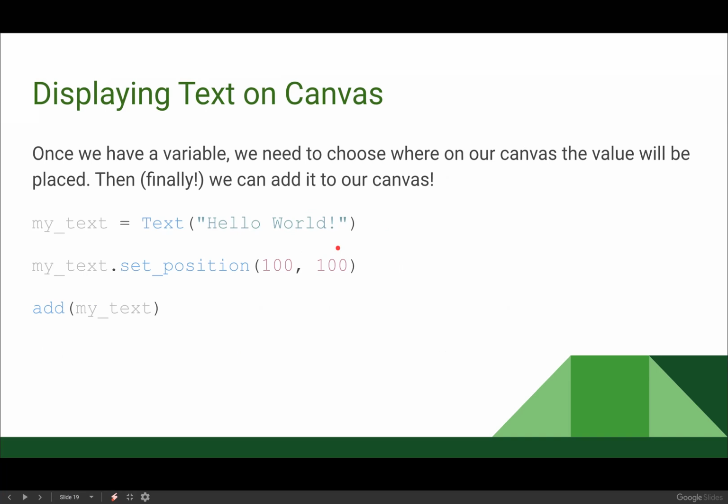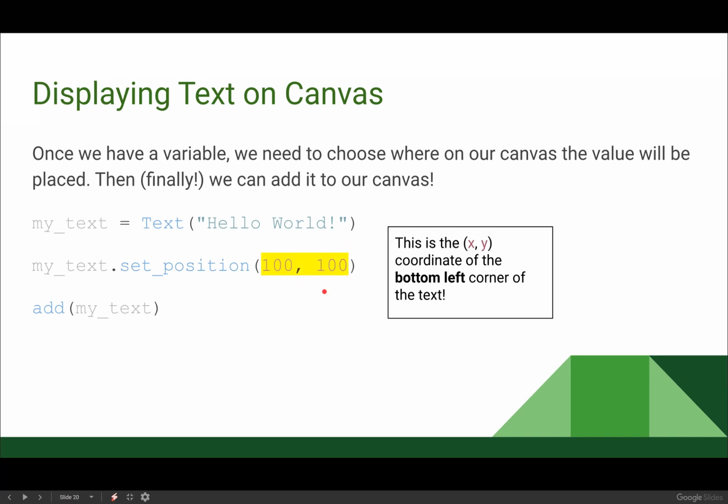So once I have created my text type variable, I need to choose where on my canvas that value is going to be placed. Then I can add it to my canvas. So myText.setPosition, this function is going to be used to determine where on my canvas I'm going to place my text variable. Now, this is my x, y coordinate for the bottom left corner of my text.